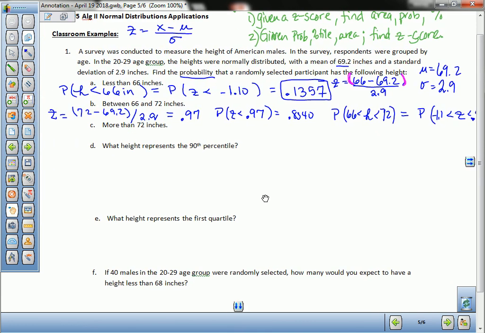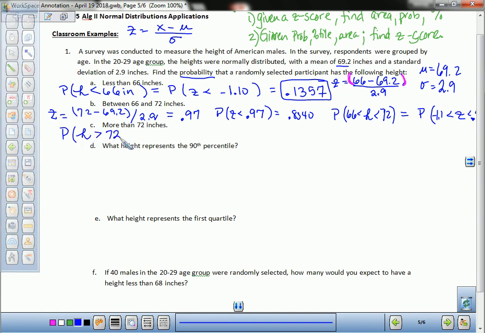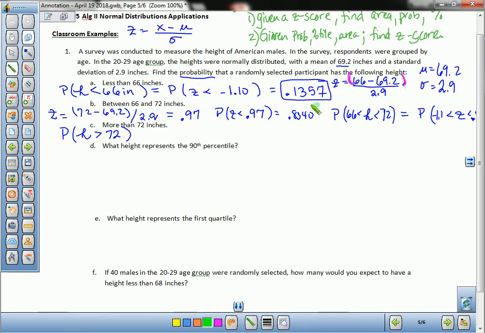Okay, now let's go back and look at part C. Here we want to find the probability that our height is greater than 72 inches. We just found what we got when we did less than 72 inches, wasn't it?